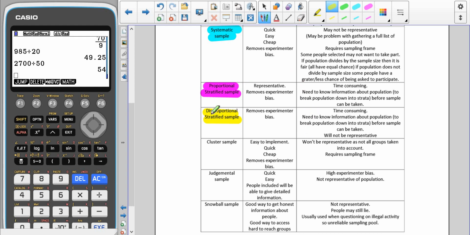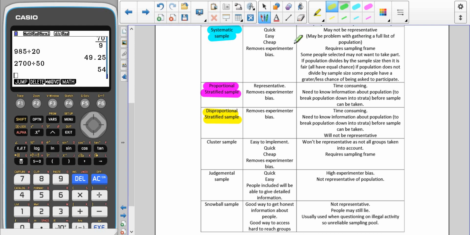So as we saw before, we had 5 girls in total in our population, and all 5 of those ended up being in our sample. So that means that it would no longer be representative because the girls are having an equal viewpoint made than the boys, but there are much more boys in the population than there were girls. And again, it's time consuming. We need to know the information before we can do our sample, and it will not be representative this time.